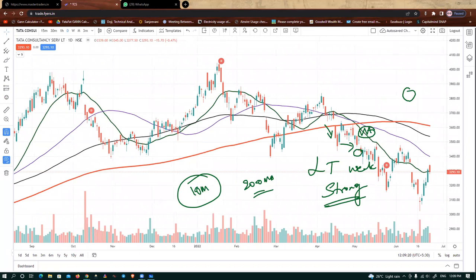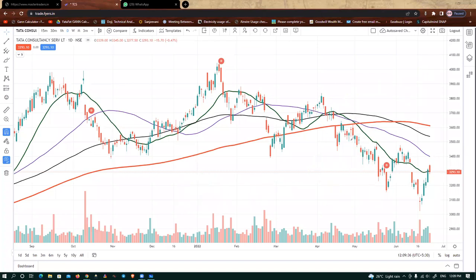When it is trading around all the moving averages, it is too much sideways. And you can see here it is below all the moving averages and became weak, and the weakness followed.